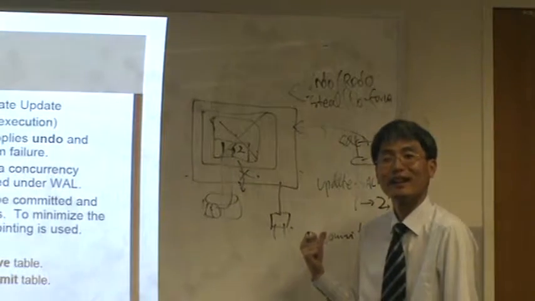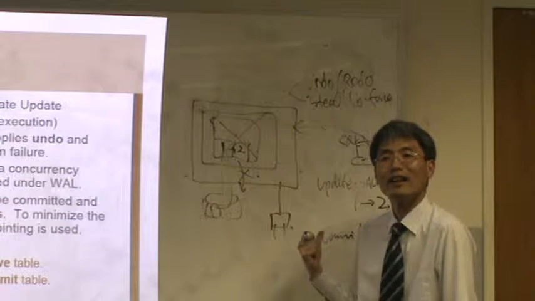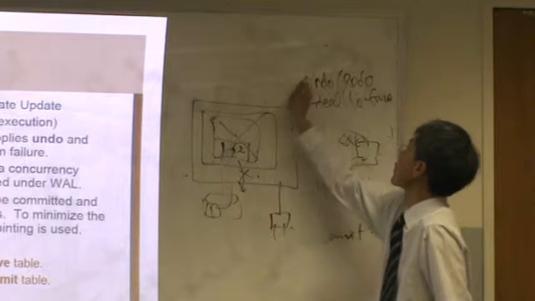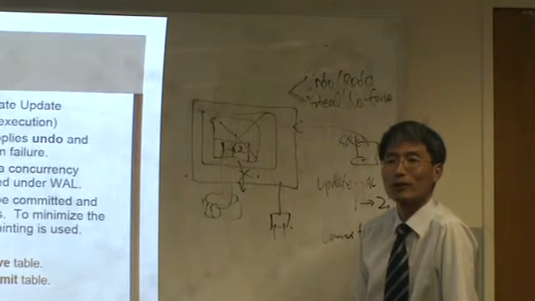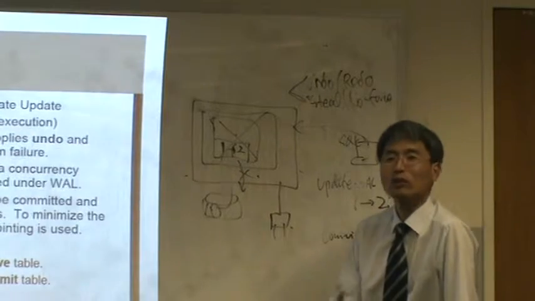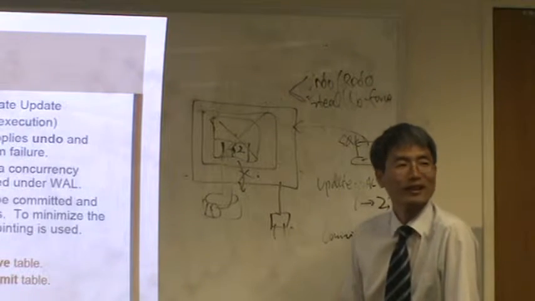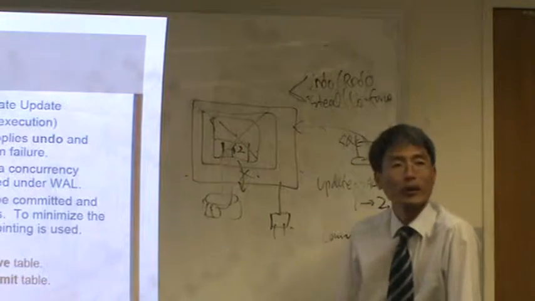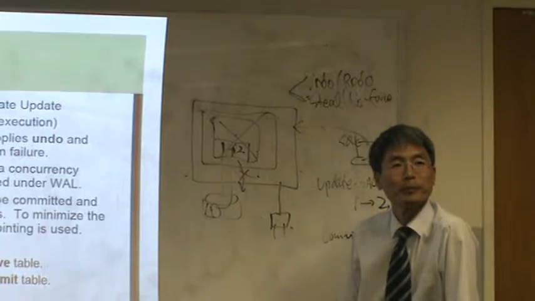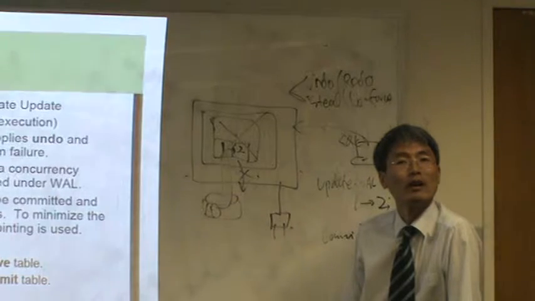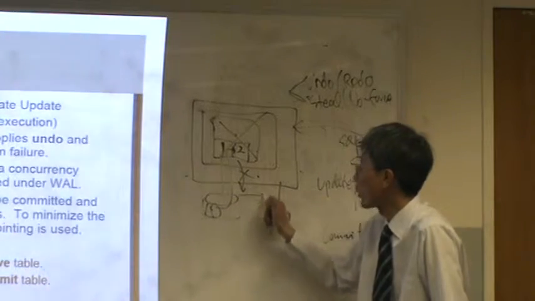Well, it didn't commit, so because it didn't commit, they lost. No, you may not, because it supports undo and redo operation. So you need to explain something, using the redo and undo algorithm.